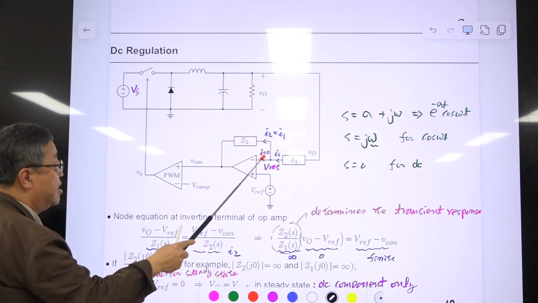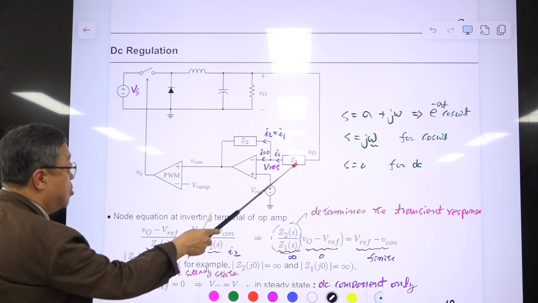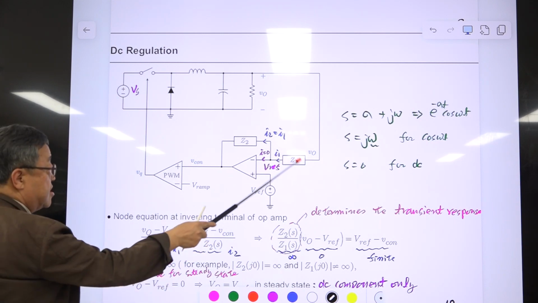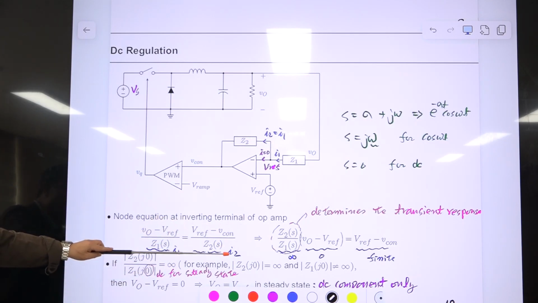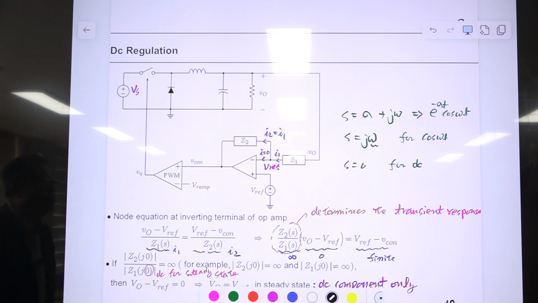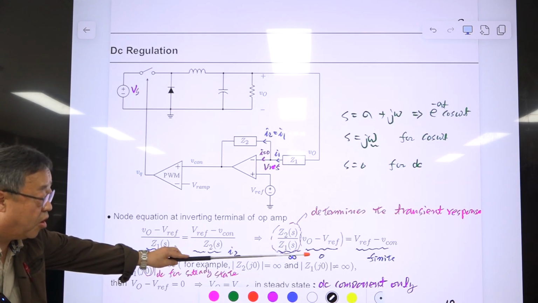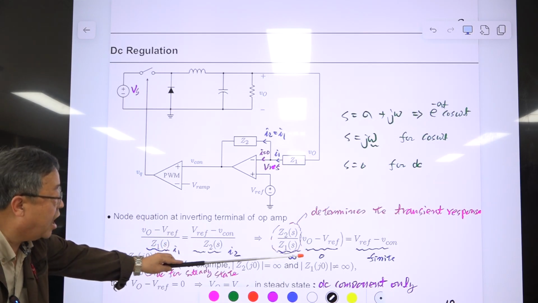This voltage minus this one, divided by the magnitude of this impedance, is this one. That should be the same as this. This is simply the equation of the inverting amplifier. But I rearranged this equation into this one. This is the same form.